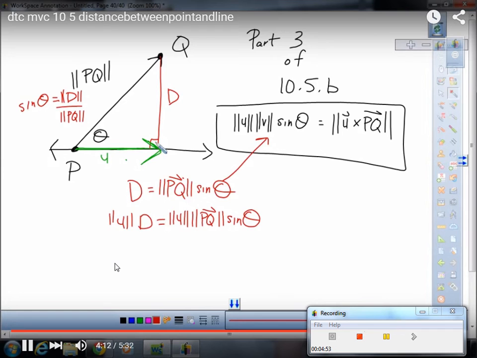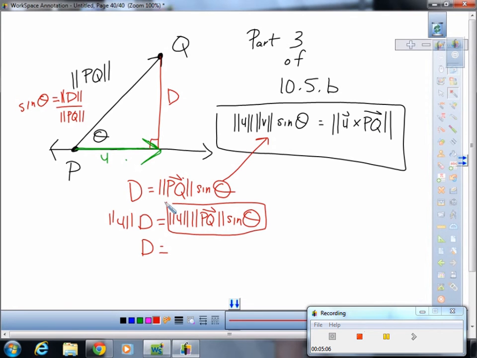So, next thing I'm going to do is I'm probably going to take this out and rewrite it as the magnitude of the cross product of U cross PQ. Don't do it. Don't skip the step. Don't do it! Uh-oh. Good. Good job.